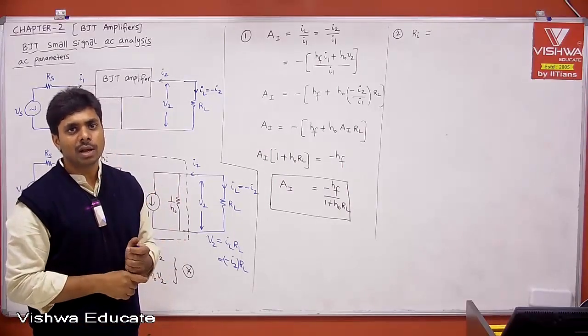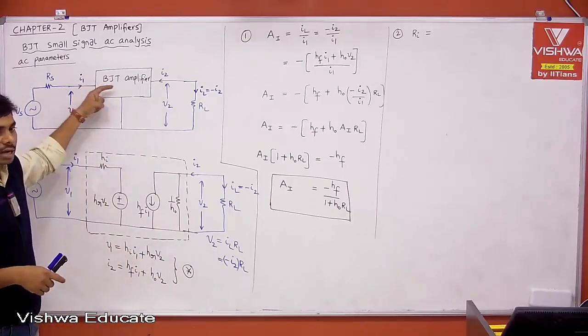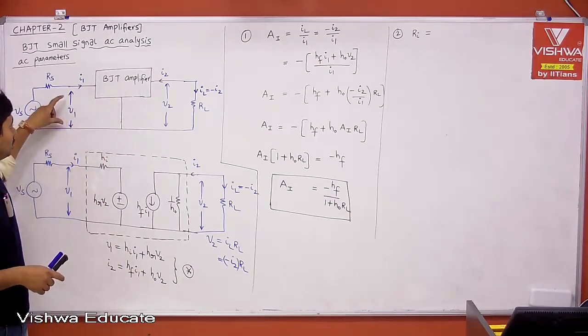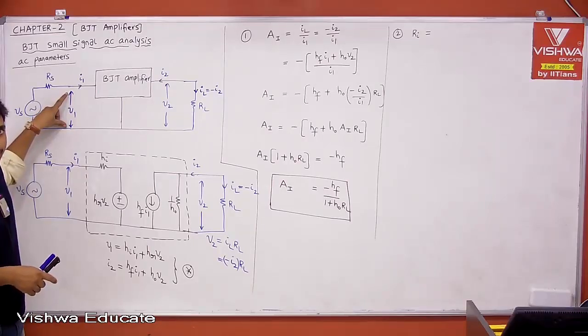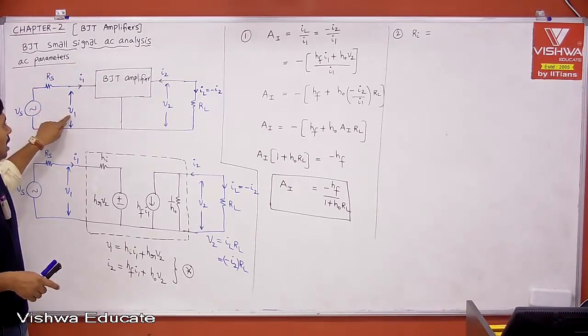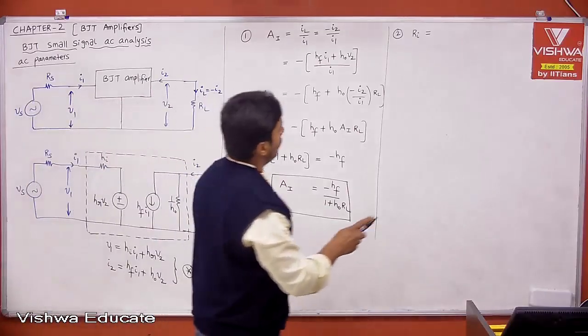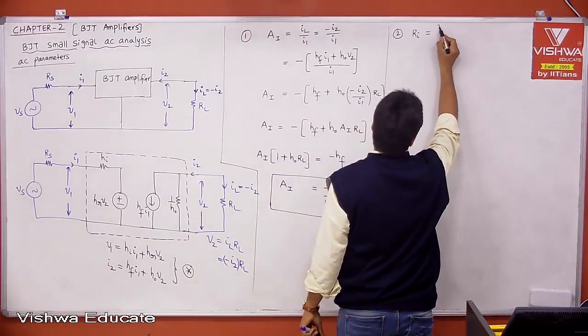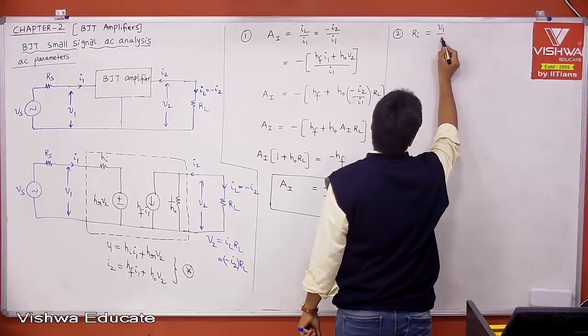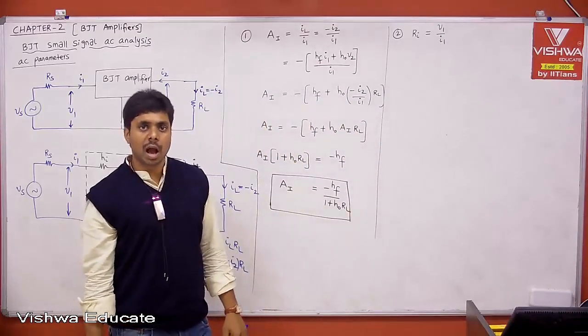But remember, the current I1 entering into your amplifier is only due to the voltage you are applying. That is very important. Therefore, the definition is Ri is nothing but V1 divided by I1.